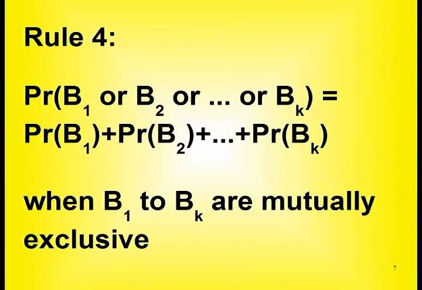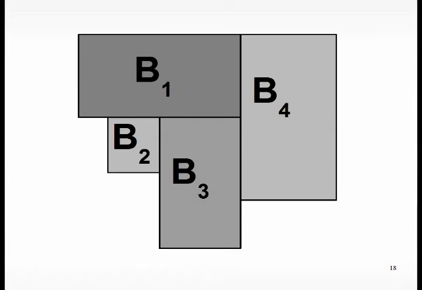Let's go through the three other general probability rules too. Rule number 4. The probability of a union of mutually exclusive events represented by set B1 to Bk is the sum of the individual probabilities. Using our graphical representation, this is not hard to see. The area covered by the union set is the sum of the individual areas, since there's no overlap.